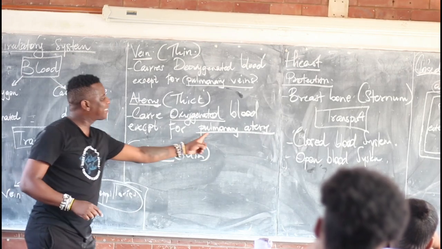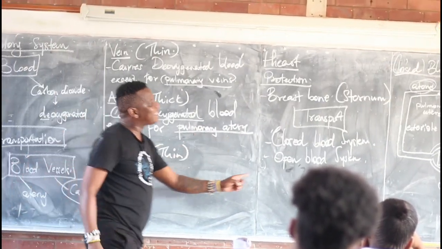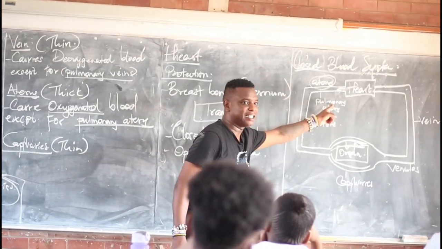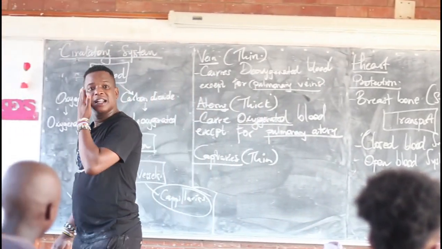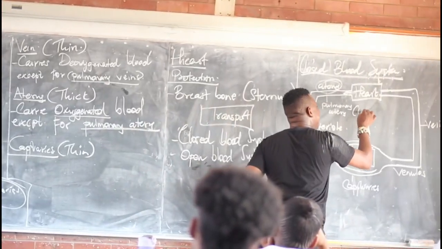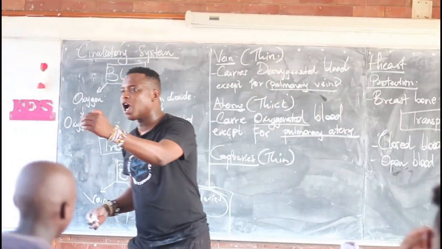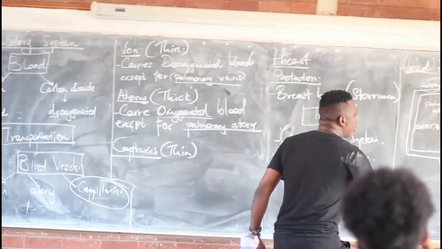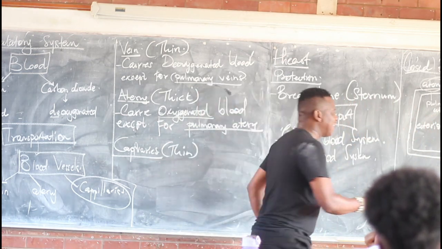Oxygenated blood, except for the pulmonary artery. So as I am moving away from the heart, what type of blood is carried by the pulmonary artery? Deoxygenated. That means this blood contains carbon dioxide. Where am I going with this blood? I am going to an organ where I'm going to clean this blood. What is that organ? The lungs.